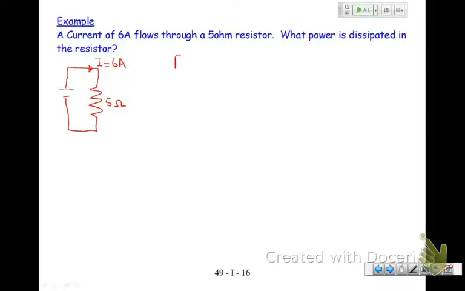What power is dissipated? P is equal to I delta V, which equals I squared R, which equals delta V squared over R. I might as well practice a little bit.